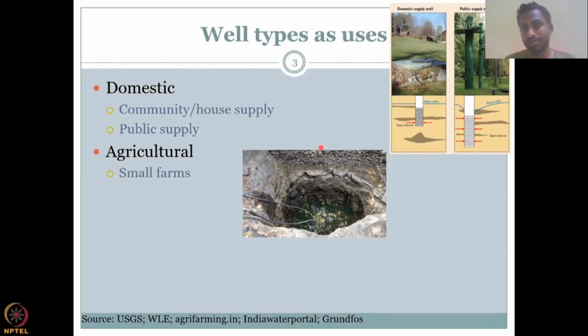This is a very clear example from the villages, where you have a well right in the middle of your farm field, and then there are tubes or pumps going in which pump the water out. You see some uneven surface because it is dug by hand, or blasted by small bombs, and then they remove the debris, and those are small farm ponds.